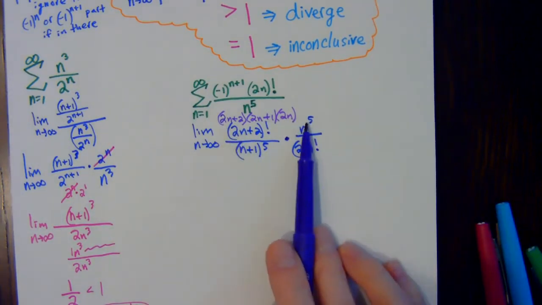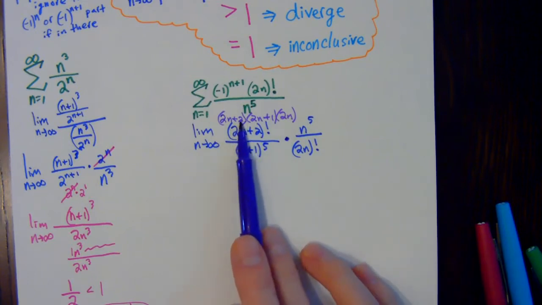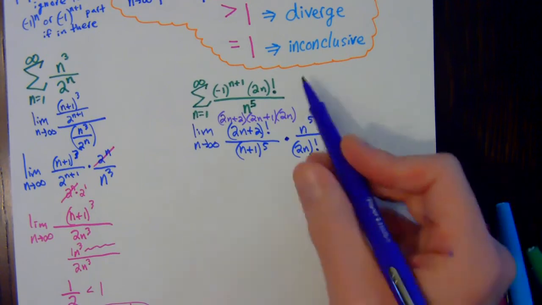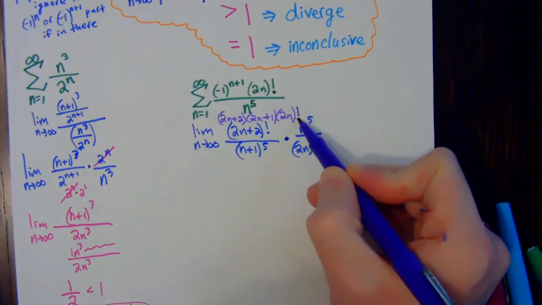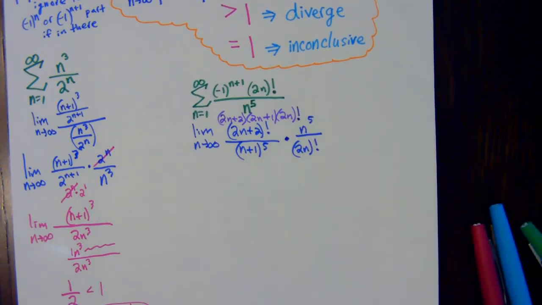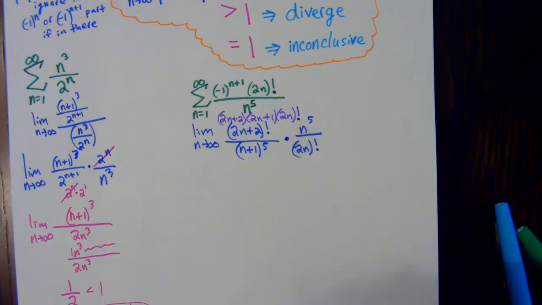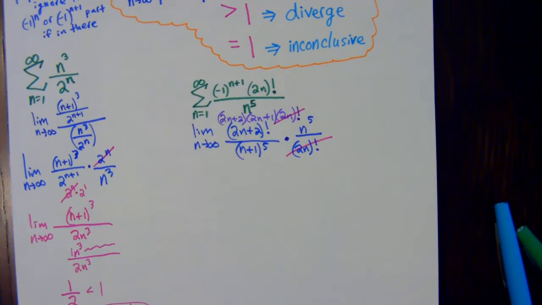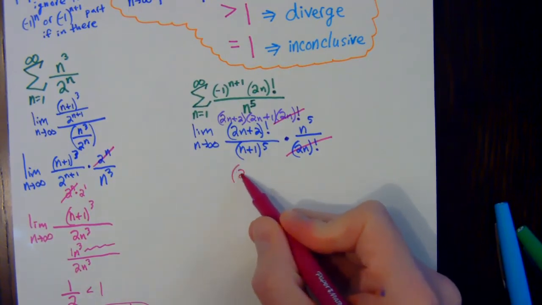So I'm multiplying each time, and each time I'm decreasing that number by 1. But see, when you get to this 2n all the way down to 1, that is 2n factorial. And so now you have a 2n factorial there and a 2n factorial right there. Those two items will cancel out, and let's carry everything else down.